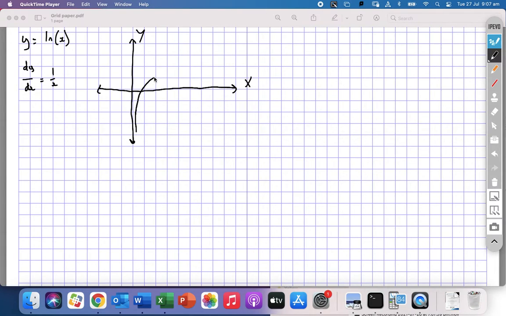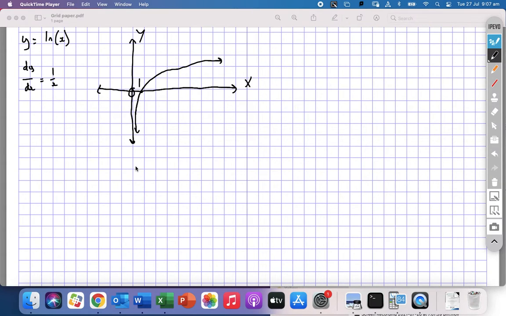So here's your log graph, something like that. You can see here in this region of the graph where x is between 0 and 1, the slope is very steep uphill, right?